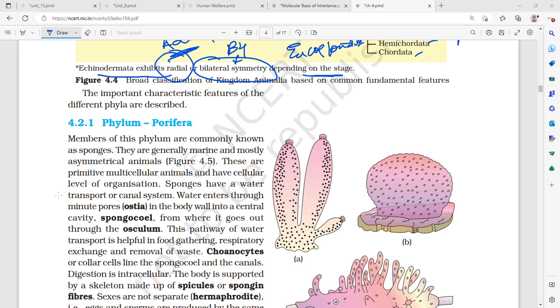In Porifera there is no digestive system because it has only loose cell aggregates. In Coelenterata or Cnidaria, incomplete digestive system is present. In Ctenophora also, and in Platyhelminthes also. From Aschelminthes, complete digestive system is present till Hemichordata.